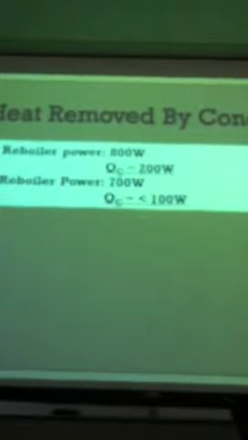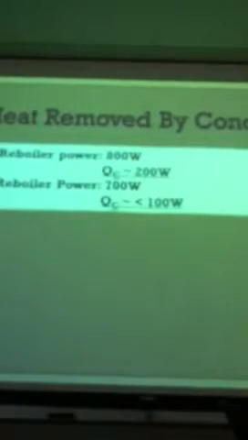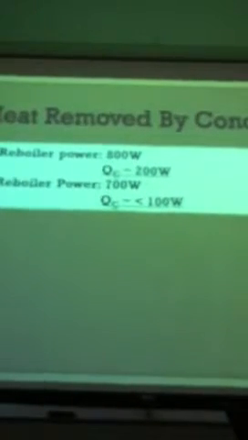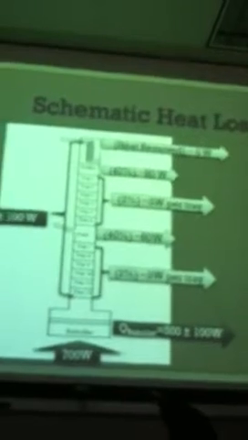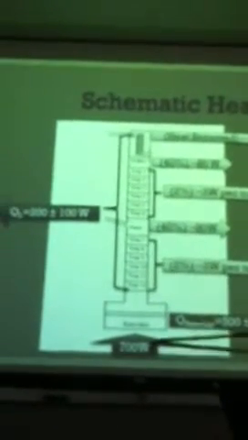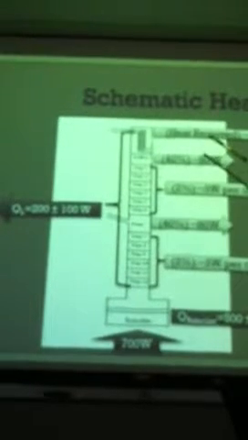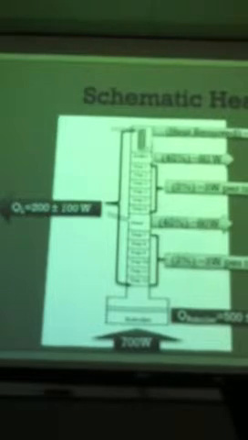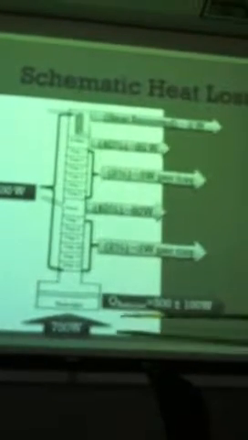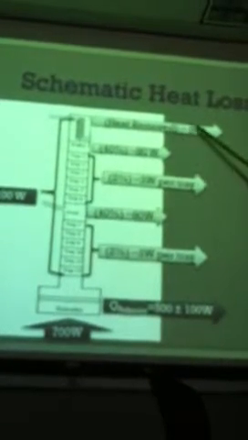But the uncertainty tells us that it could be removing up to 100 watts, but definitely less than that. So this is a schematic of the column with the heat loss of each component. If we plug 700 watts into the reboiler, since the uncertainty of the heat removed was so big, it's going to be less than 100. So that's basically 0 watts since it's negligible.